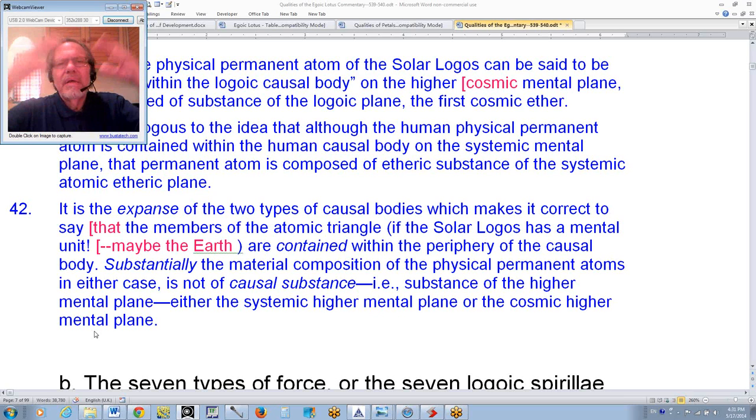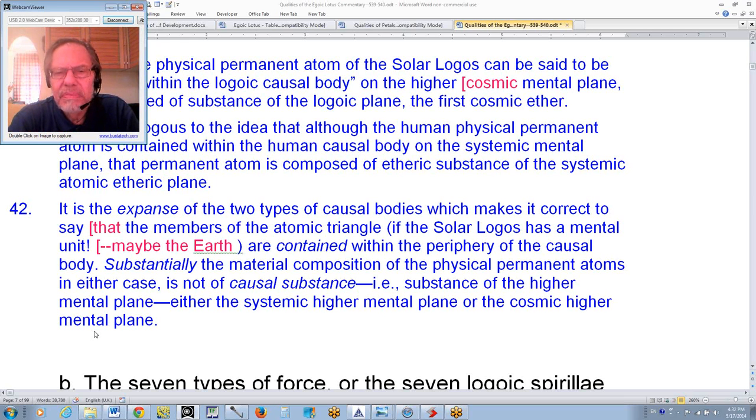And yet there is a notion of containment because it's within the aura of the two types of causal bodies. And I don't know how we would register space on the cosmic mental plane. We have some idea that we can still speak in terms of space when we're dealing with our own lower 21 subplanes of our systemic plane.